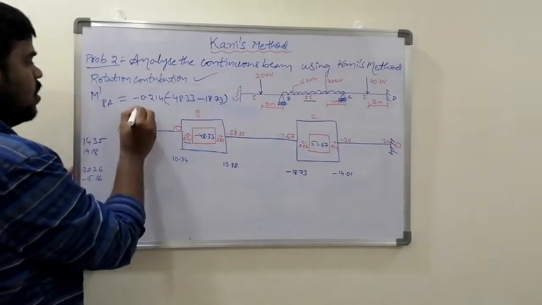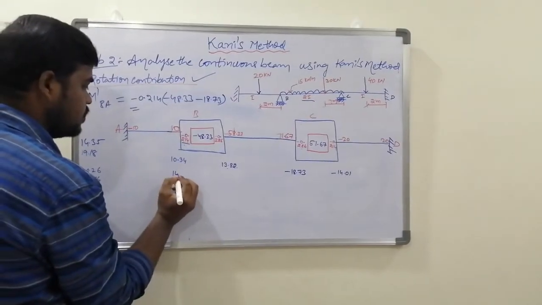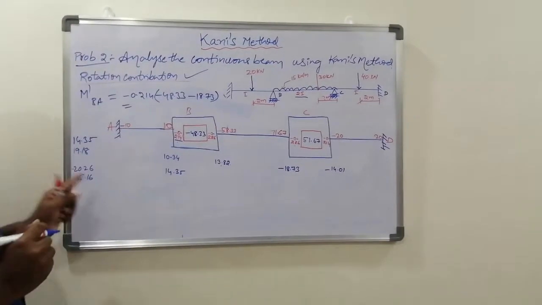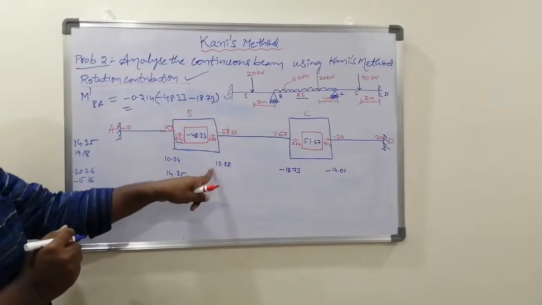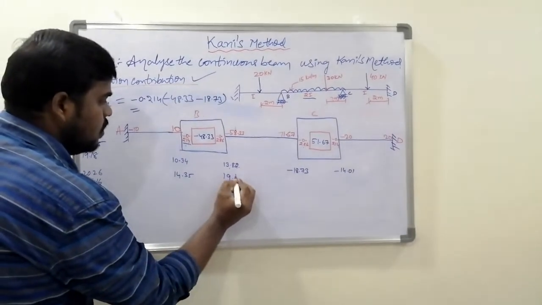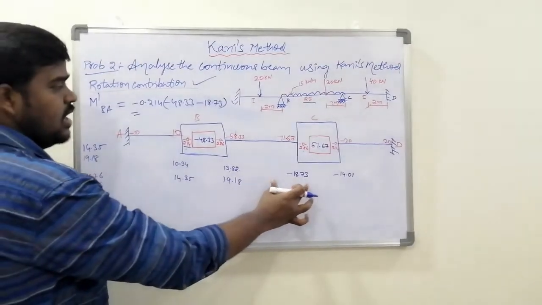If you solve this expression we get 14.35. In the same manner if you solve for this side also we will get 19.18. So this is clear, and this is the second cycle.